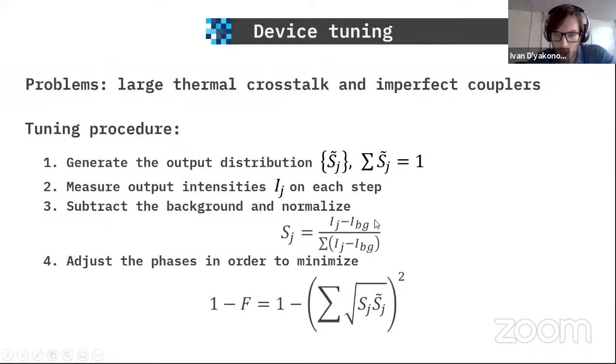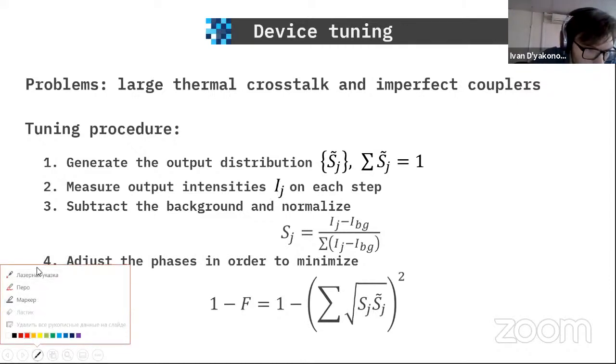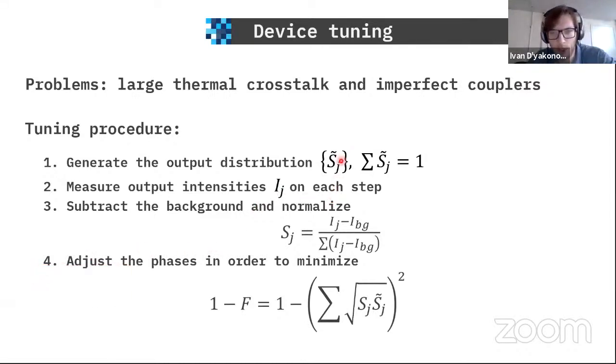We did not perform the full unitary reconstruction of the matrix of the interferometer. We only made it work in the classical regime by fitting it to a given intensity distribution, which is given over here. We generate some output distribution, and then we run an optimization problem, which sets the phases on the chip in order to match the output intensity distribution to the one we want to set.